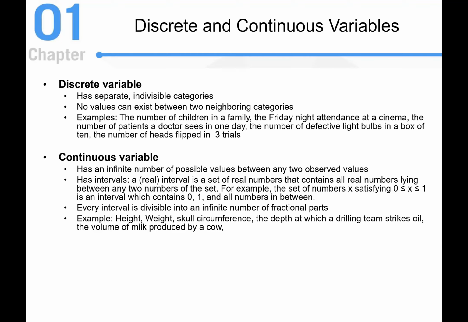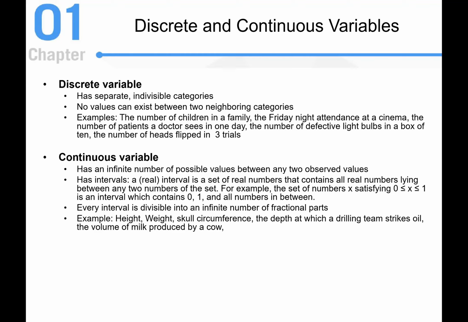All right. And so all those numbers also can be divided into fractional parts, right? So an example of a continuous variable is height, right? I can measure height in feet, in centimeters, in inches, in yards, right?